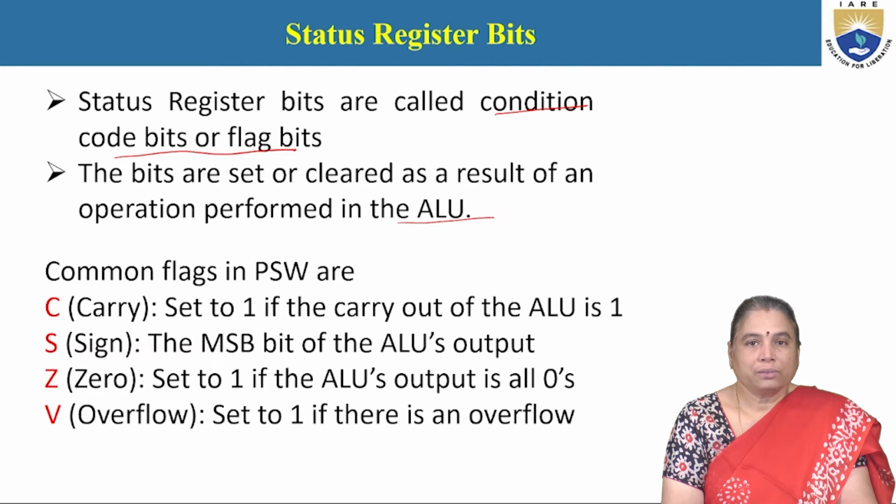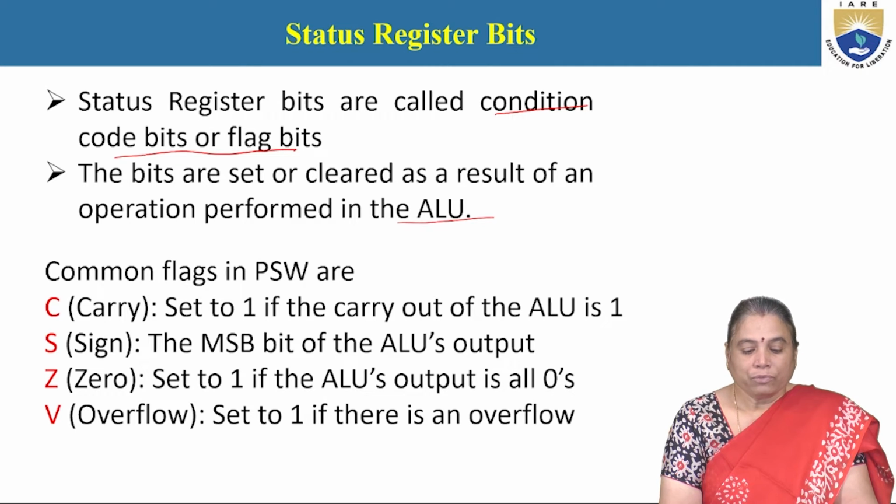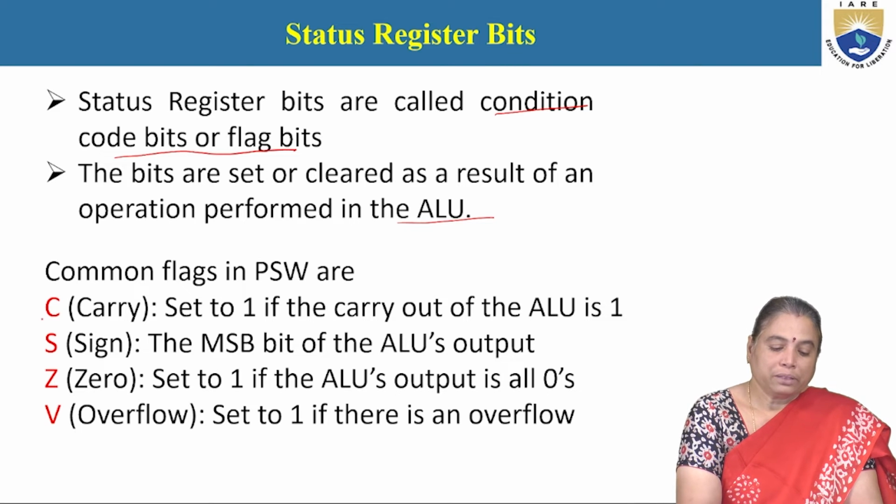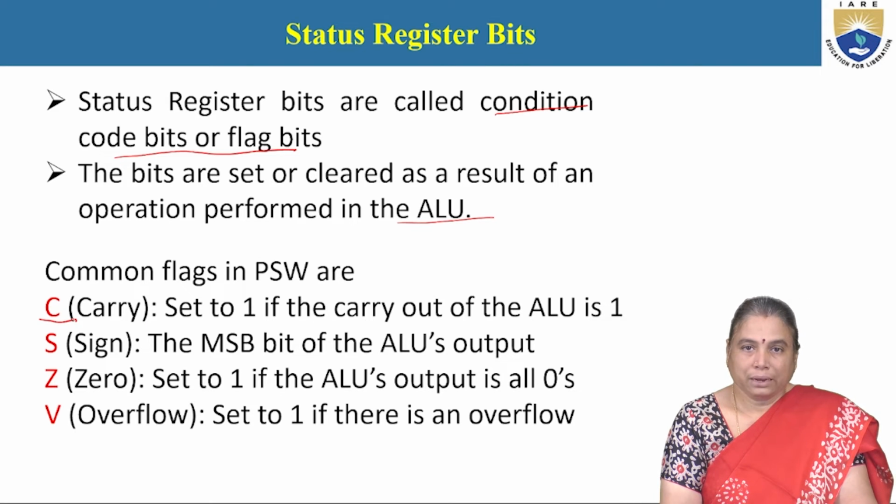Generally, 4 flags are available in the PSW register, program status word. The 4 status flag bits are denoted, first, with C. C represents the carry. It is set to 1 if a carry out of the ALU is 1.